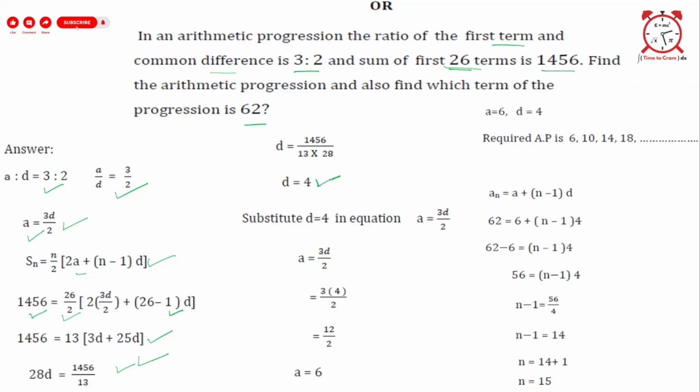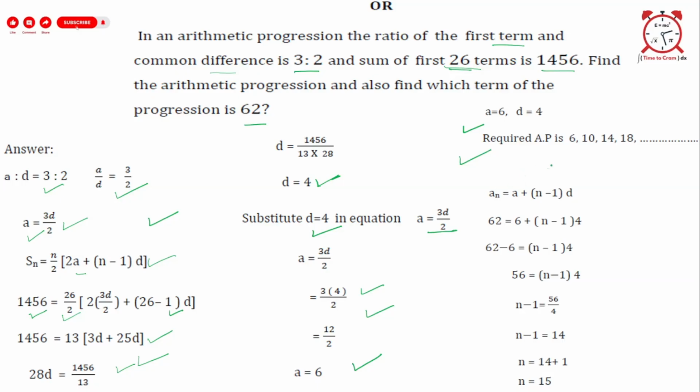Now substitute d equal to 4 in the equation a equal to 3d by 2 that we derived here. So we get the value of a equal to 6. Now we have both values, a equal to 6 and d equal to 4, so we derive the AP as 6, 10, 14 and 18.